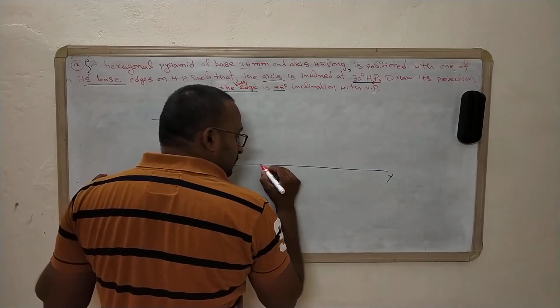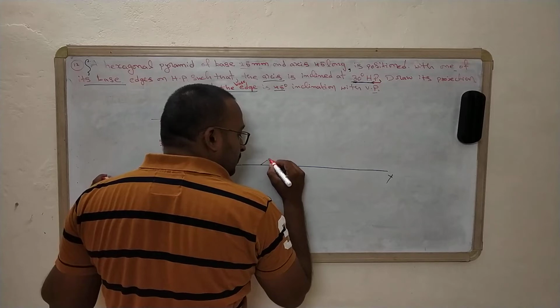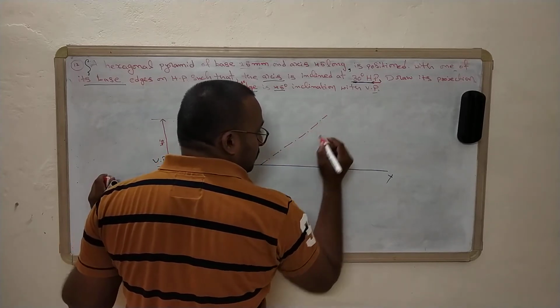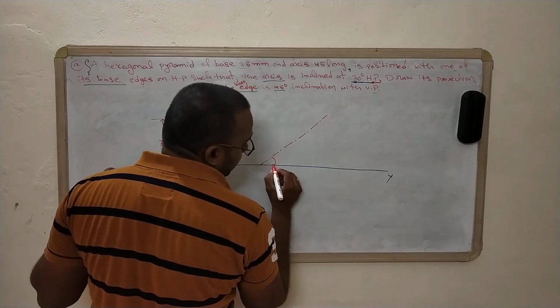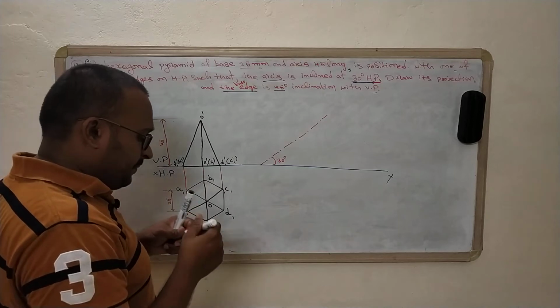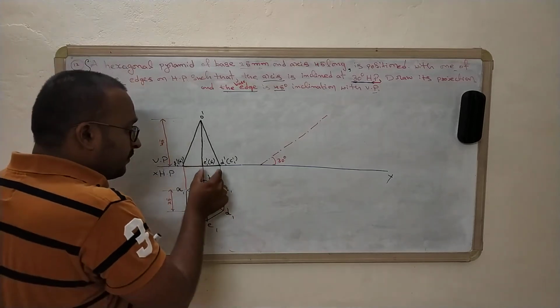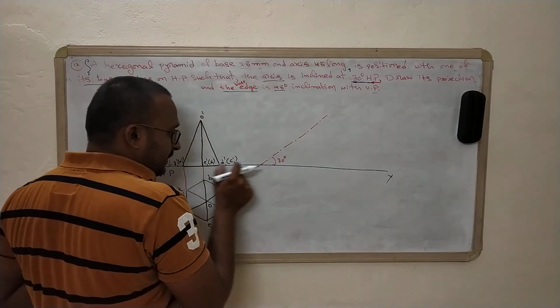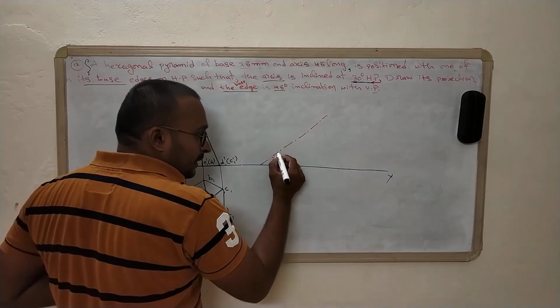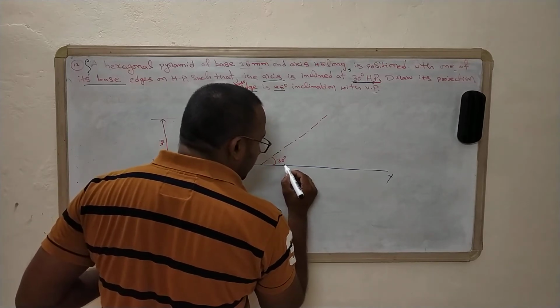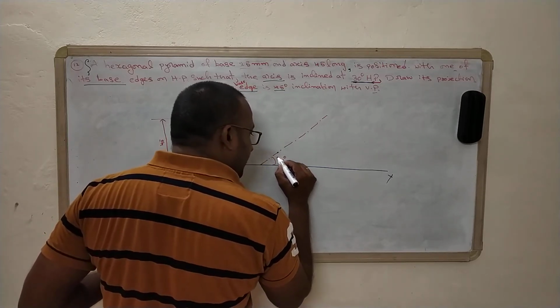So I am going to start from here. Here this is the angle of inclination, 30 degrees, and then we must take the distance from D dash to E dash and mark it on that particular point, then draw the perpendicular line.